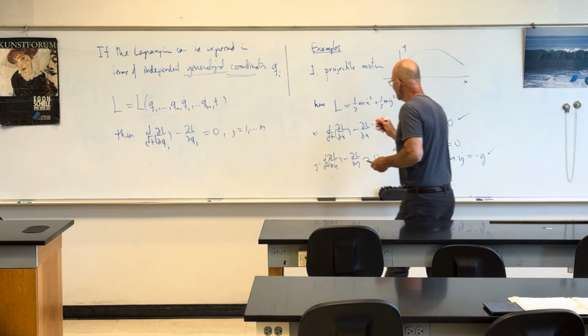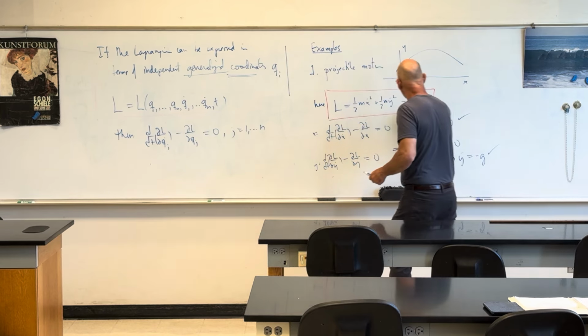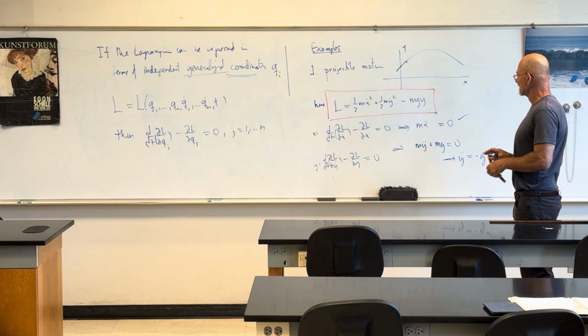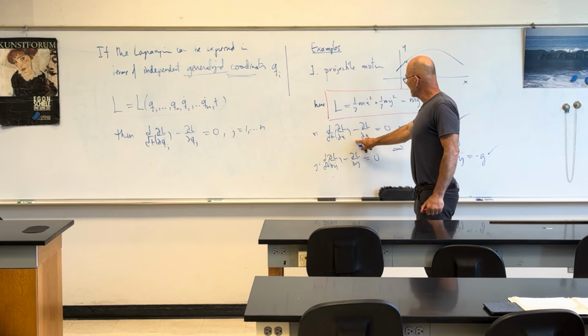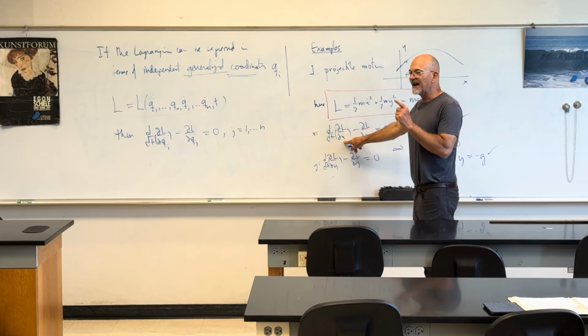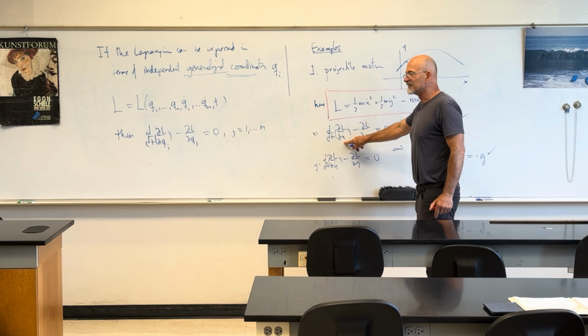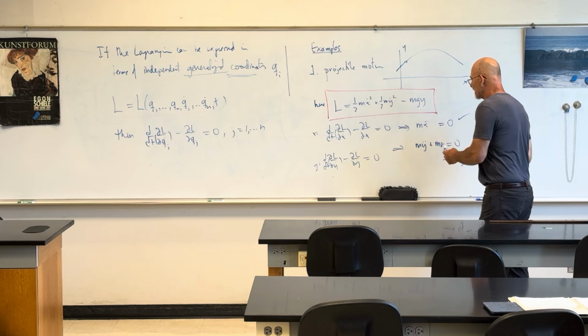There are other deep things lurking here that we'll get to pretty soon. And in fact, I should say something here. This one here, we actually already have a conservation law because partial L over partial x dot is a constant, right? So I'll put here as a note.